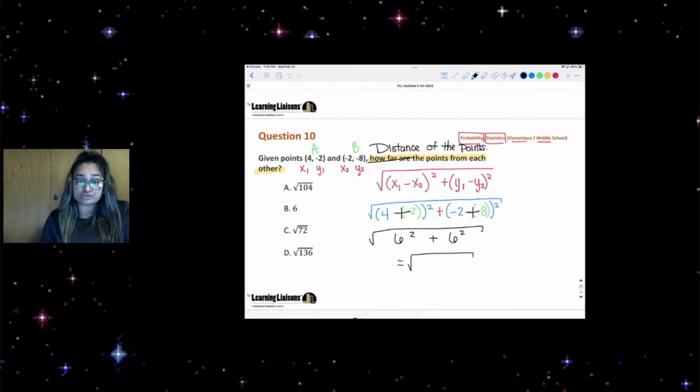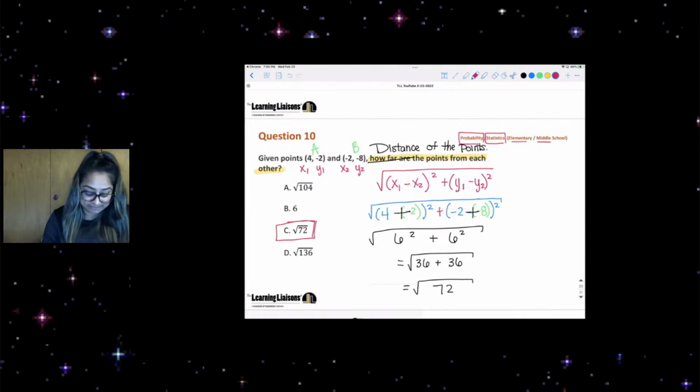Keep your square root. Don't lose it. 6 squared is 36, plus 6 squared is 36. And 36 plus 36 is what? It's 72. Our answer here is C.